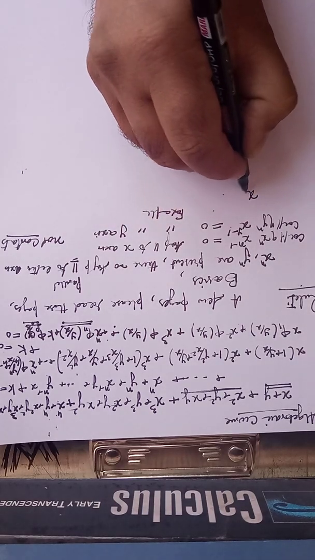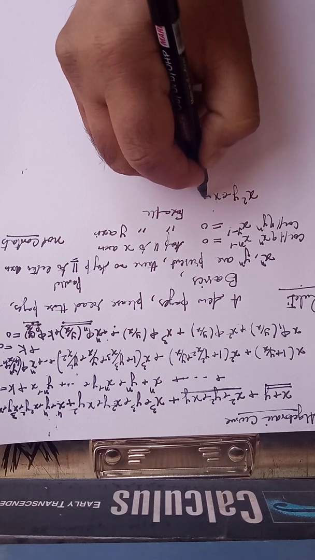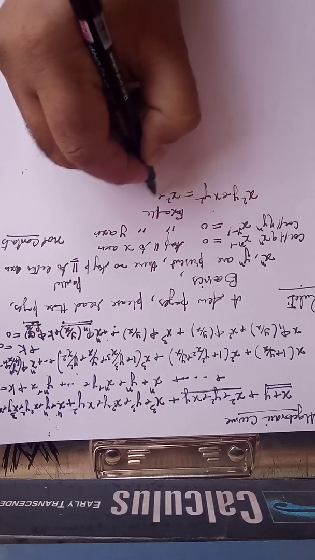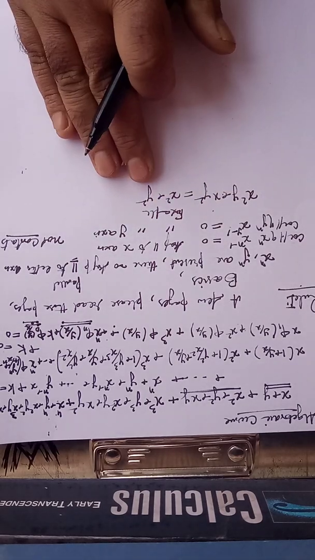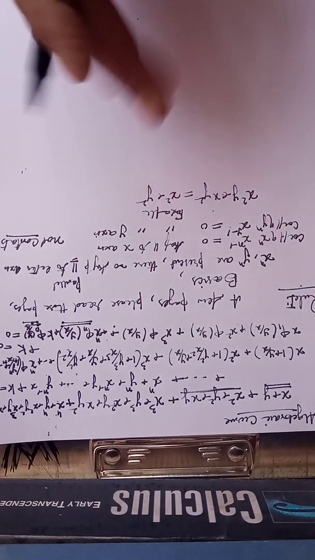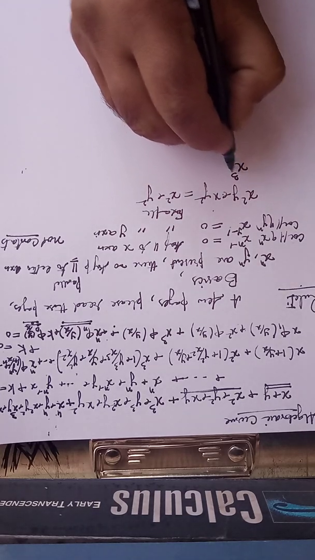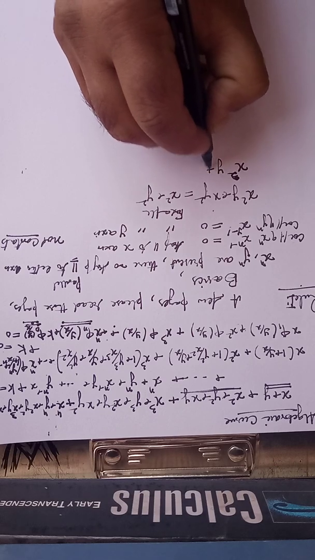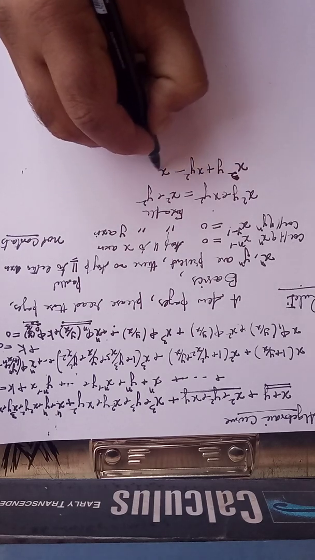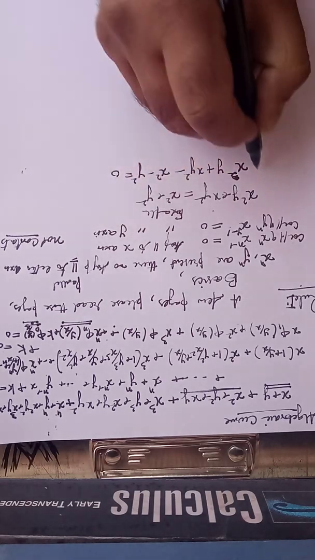say you have x square y plus xy square equals x square plus y square. See, this is a cubic in x and y. This can be written as x square y plus xy square minus x square minus y square equals 0.